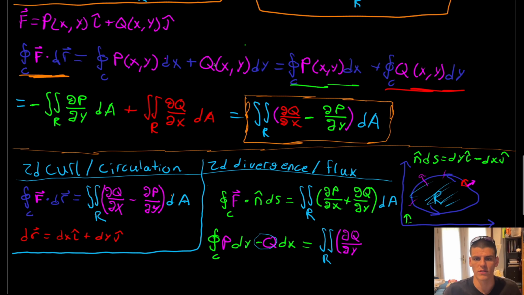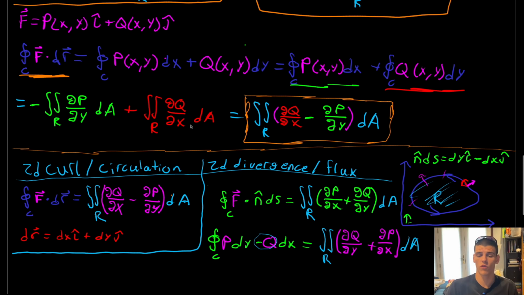And what happened to our function tied to dy? We're using the same formula that we found with the curl version of Green's theorem. This function is just left positive, and the derivative is taken with respect to x. So partial P partial x plus partial Q partial y, dA.